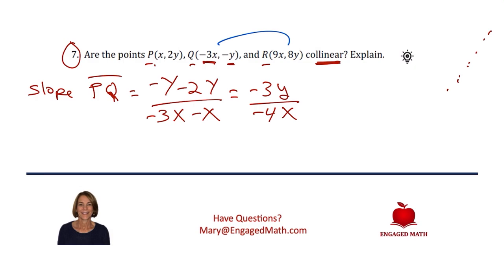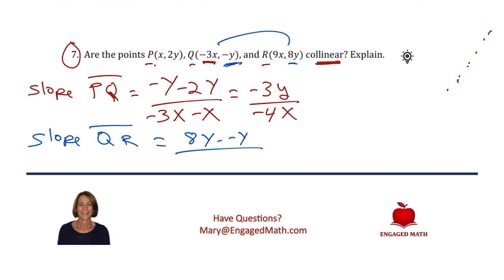And so what I want to see right now is that the slope of QR, we're going to do it right below here. So the slope of segment QR is equal to 8y minus a negative y over 9x minus a negative 3x. 8y minus a negative y, this becomes a plus, and this is also going to become a plus because a negative minus a negative is a plus.